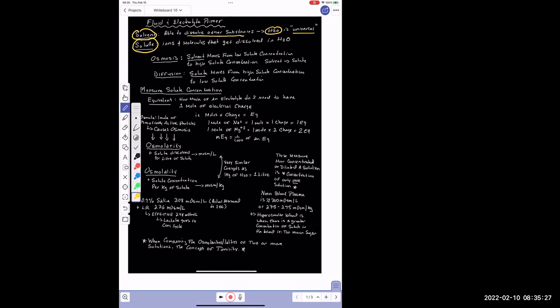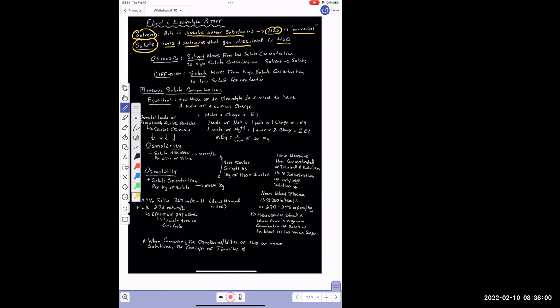So solvent dissolves and solute gets dissolved. So solute typically consists of ions and smaller molecules, although there are some larger molecules, certain proteins like albumin, immunoglobulins, antibodies that can act as a solute as well. But they are ions and molecules, and they tend to be fairly polar molecules because, remember, water is a polar molecule, and so it tends to interact with polar molecules.